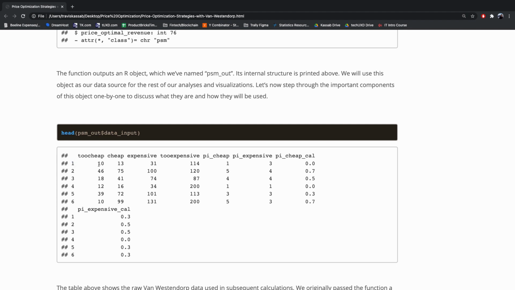So respondent 1, the price for that product X is considered too cheap is $10, cheap $13, expensive $31, too expensive $114. His or her likelihood to buy product X at $13 is very unlikely. His or her likelihood to purchase product X at expensive or $31 is neither likely nor unlikely.